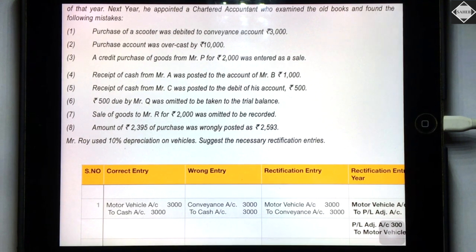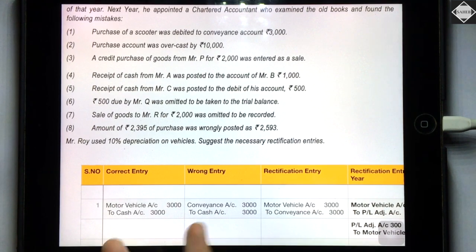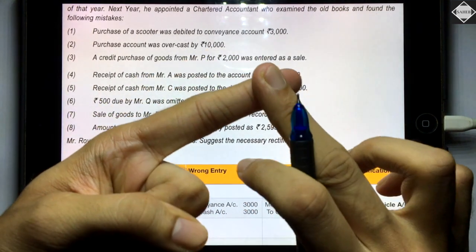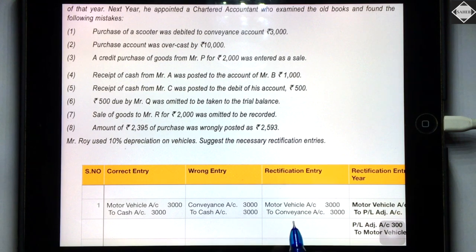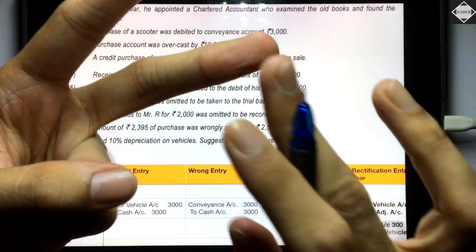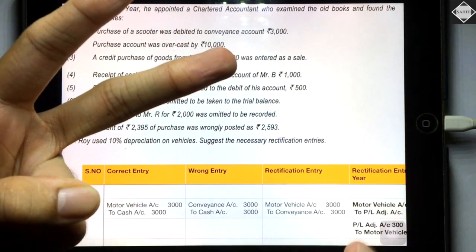So how will you pass the rectification entry? It's very simple, sir. We just compare these two entries. Whatever is wrong, we reverse that. Conveyance account is wrong and it has been debited, so we reverse that by crediting it. And then whatever is not recorded, we will record that.